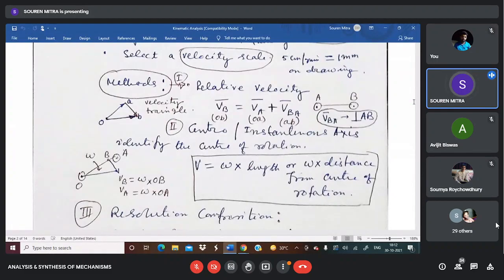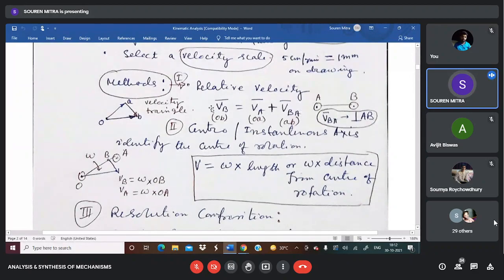There are two types of velocities. One is called absolute velocity and the other one is relative velocity. In very brief, if you have 2 points on the same body, A and B, and if we know the velocity at A, then the velocity at B should be velocity at A plus velocity of B with respect to A. And that's the equation.